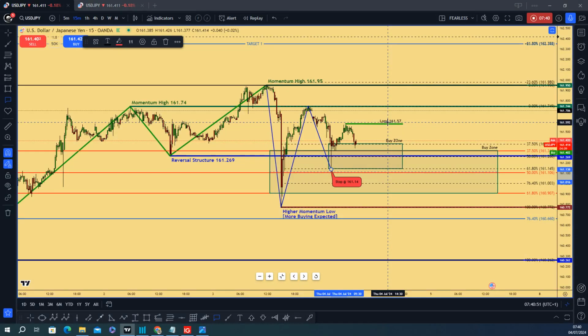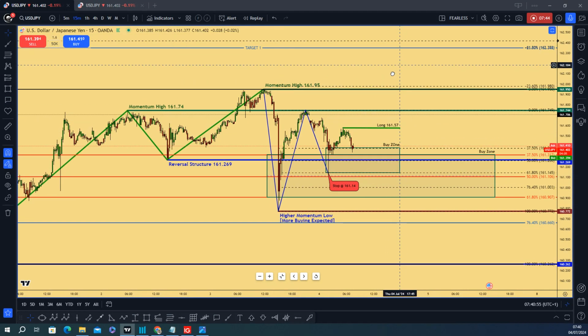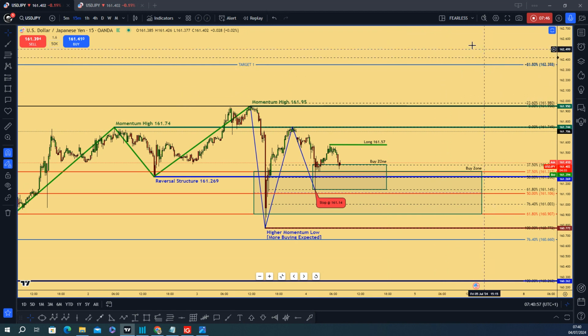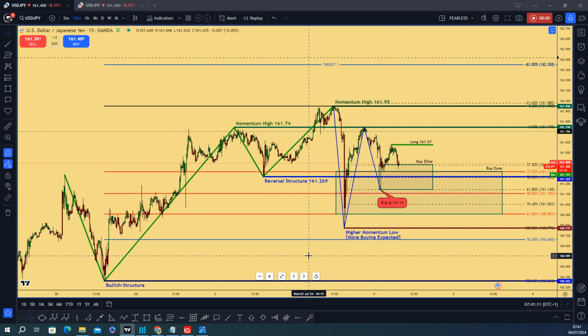That's the entry point, and we should be looking to target the 162.35 first. That will be my target for this trade in the US dollar Japanese yen.